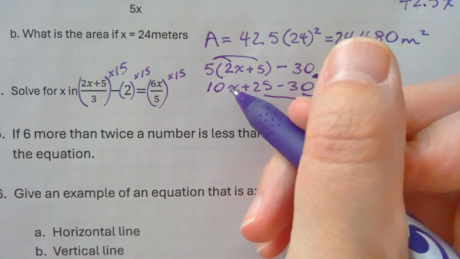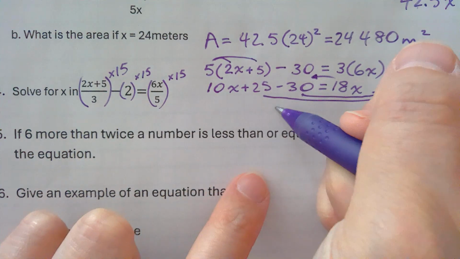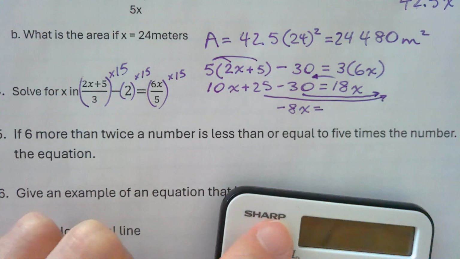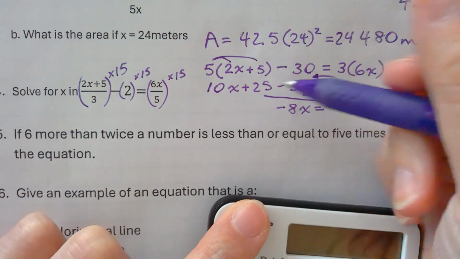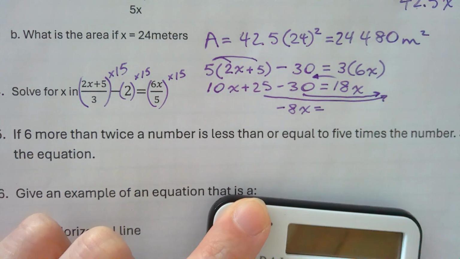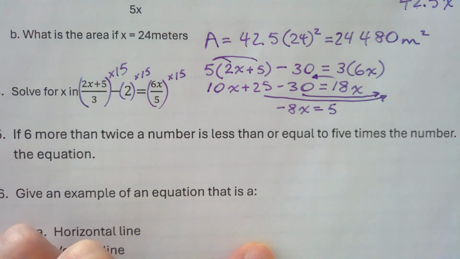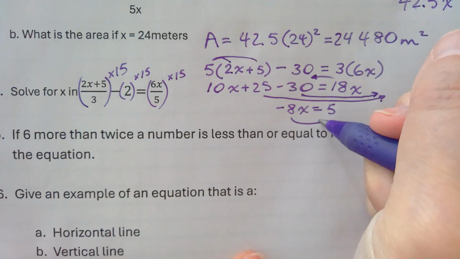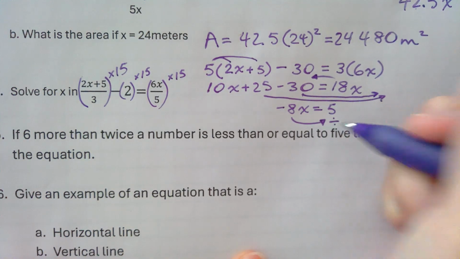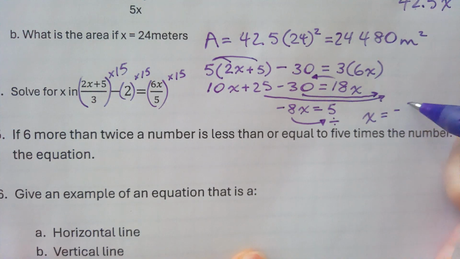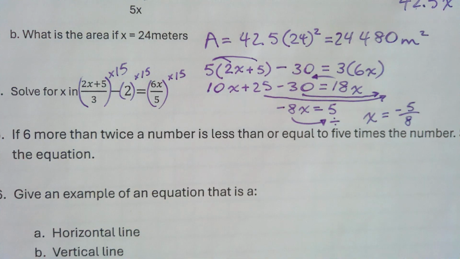Okay, so 10x minus 18x gives me negative 8x. And then negative 30 and 25 becomes 30 minus 25, so it's 5. Okay, and then lastly, I'm going to move that negative 8 over by dividing. So x equals negative 5 over 8.